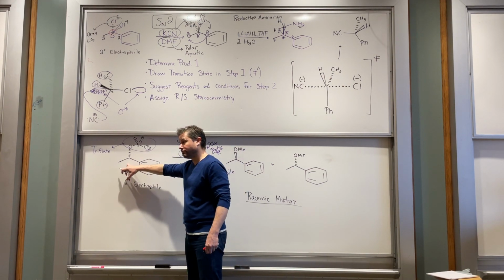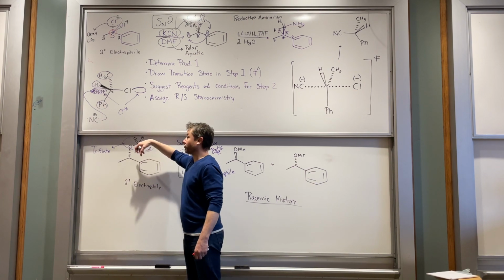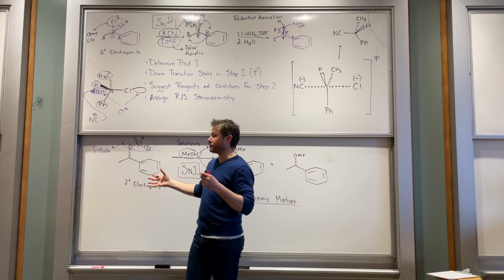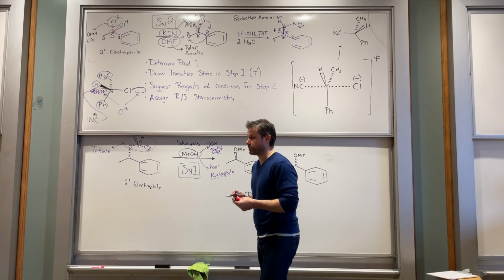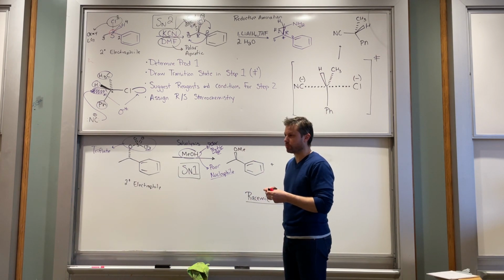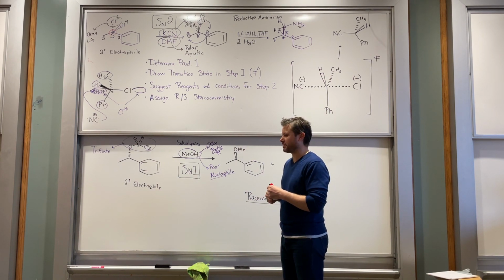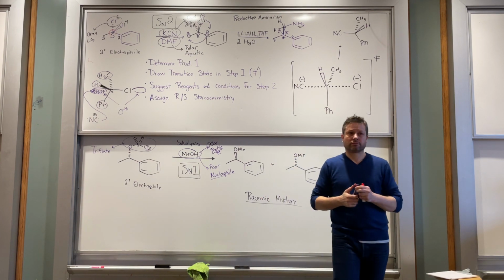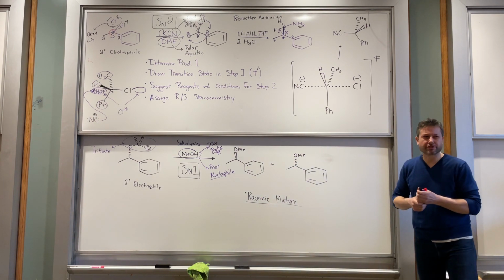Secondary center, and we have a really good leaving group. So all 4 of those factors we have to take into consideration and say this is probably going to go through SN1. Does that make sense? Yeah. Other questions about that?